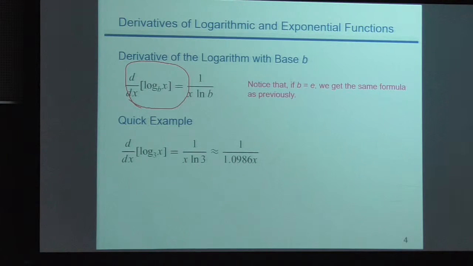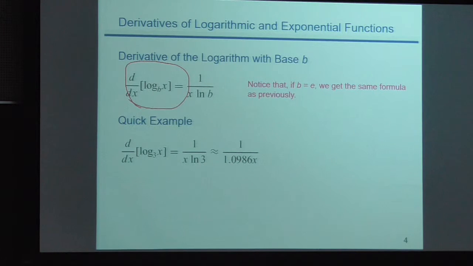Because b can be anything, including e. So this also tells us the derivative for ln of x. The previous slide said the derivative of ln of x was 1 over x, but that's a special case of this formula, because this is for any b, not just e.